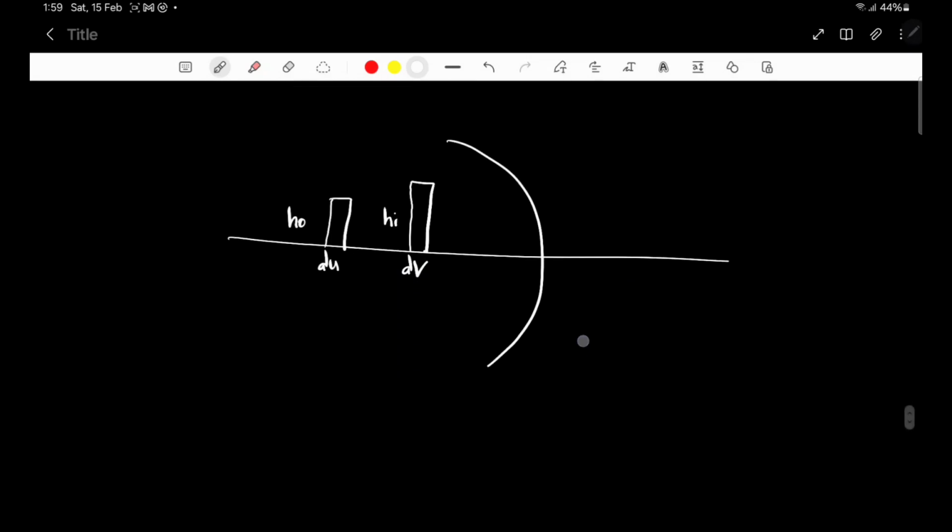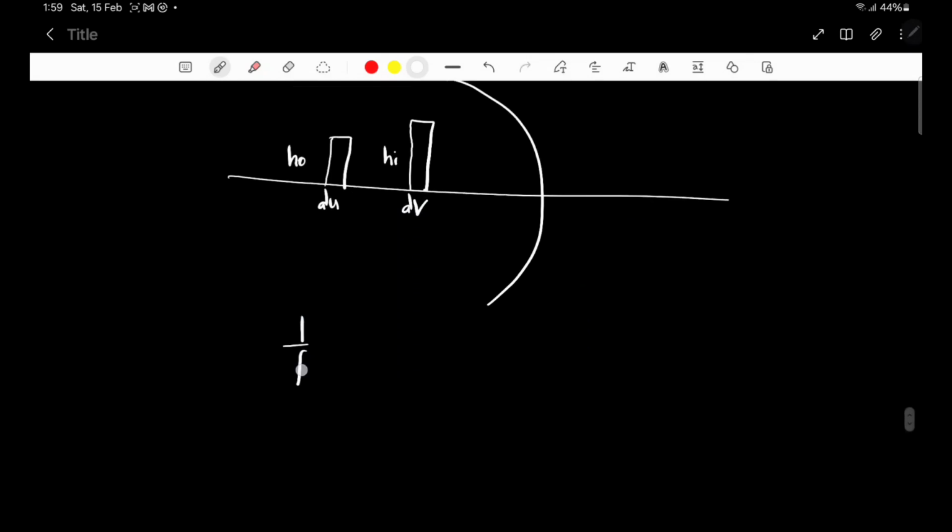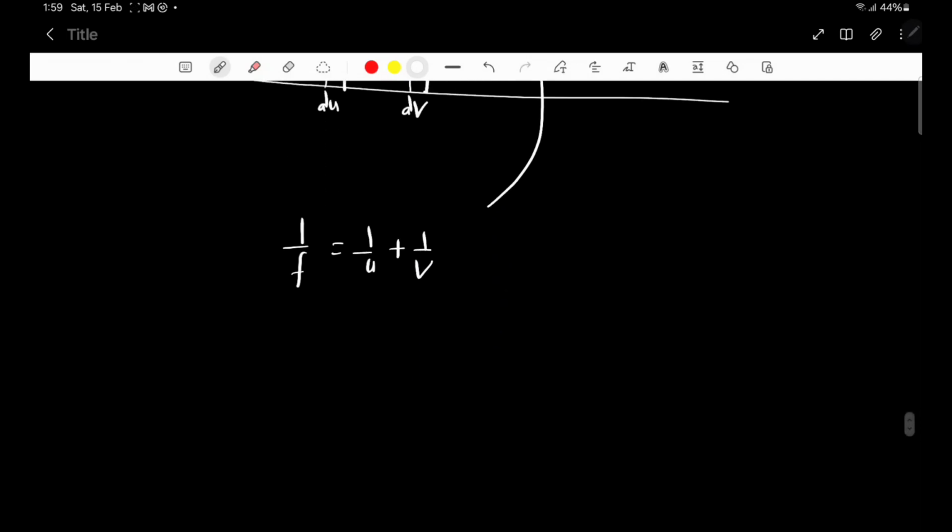Okay. And we know from the mirror equation 1 by f equal to 1 by u plus 1 by v. You try to write these equations in inverse form, f power minus 1 equal to u power minus 1 plus v power minus 1. Okay. If you try to differentiate this whole equation with respect to u, I will be getting this. F is a constant. If I differentiate that with respect to u, I will be getting 0.